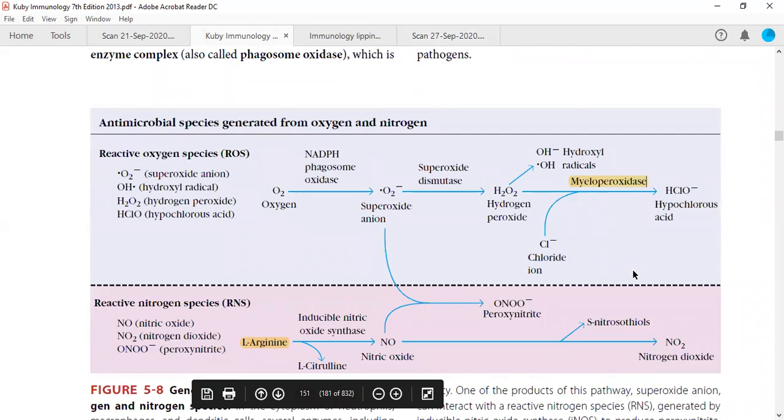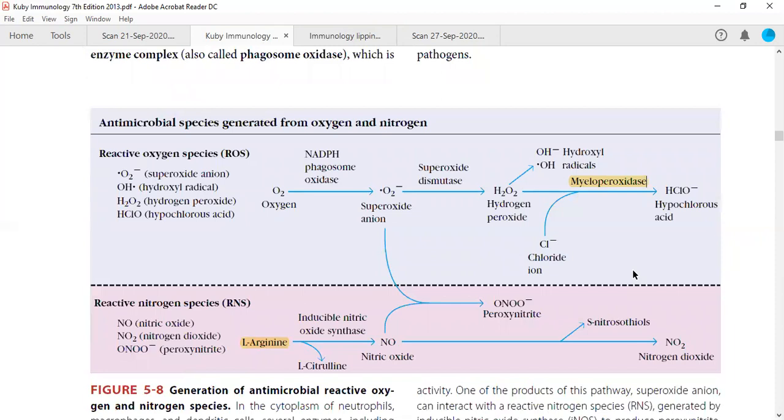And most important, they will not activate the immune system. They can kill the microorganism, but they will not activate the immune system. But macrophages, yes, they will activate the immune system also, because macrophages act like antigen presenting cells and activate other branches of our immune system, including the B and T cells. Right. If you have a query, please ask.